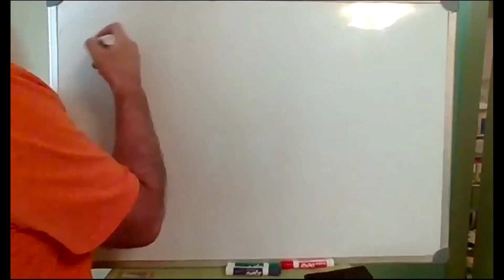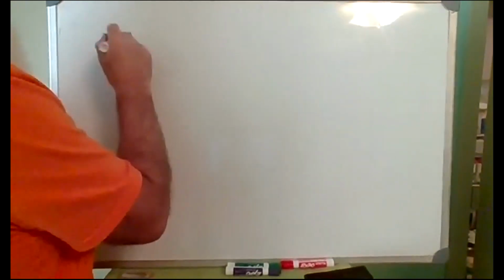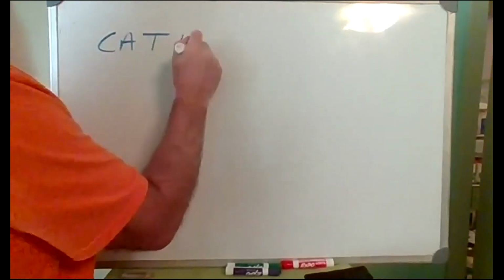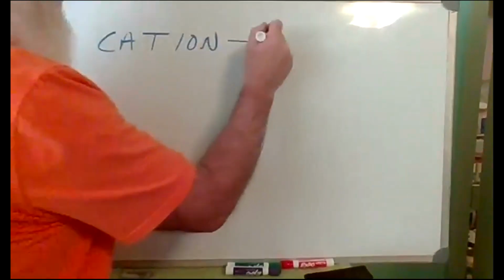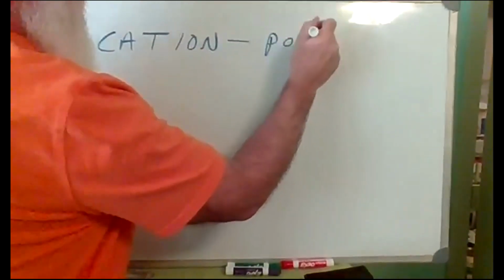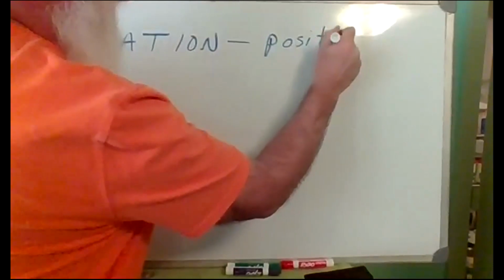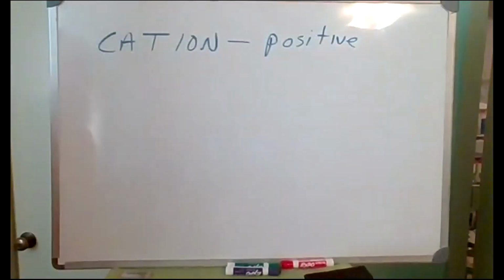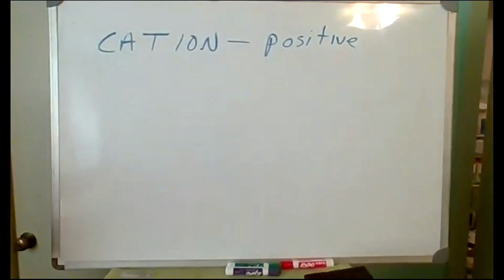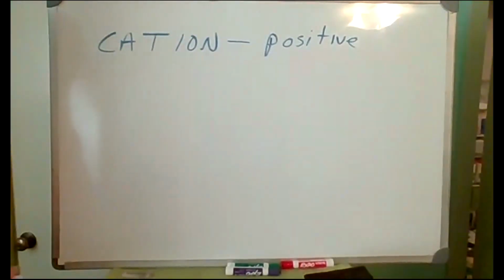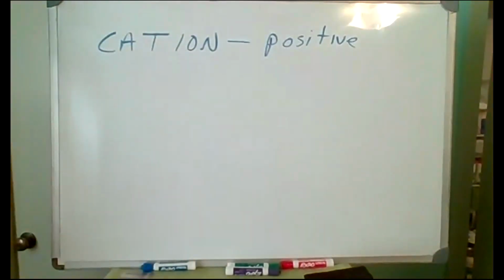If I say there's a cation sitting on the table, this is a positively charged atom or group of atoms. That would be our metals: sodium +1, magnesium +2, aluminum +3.